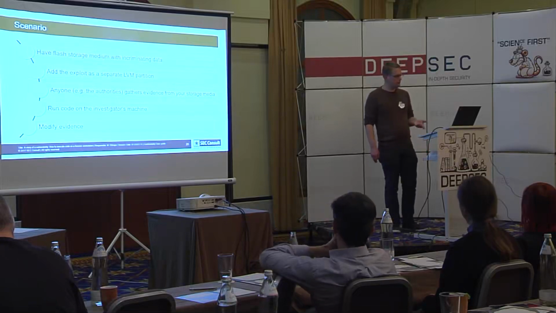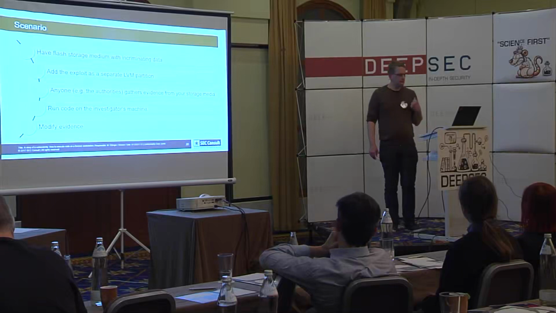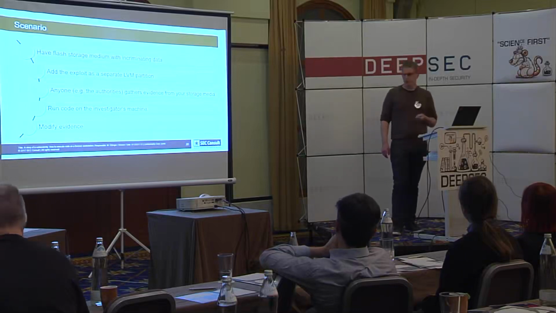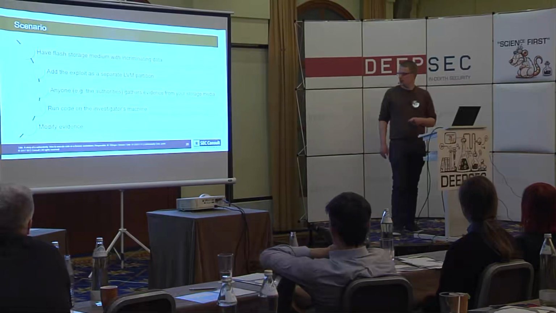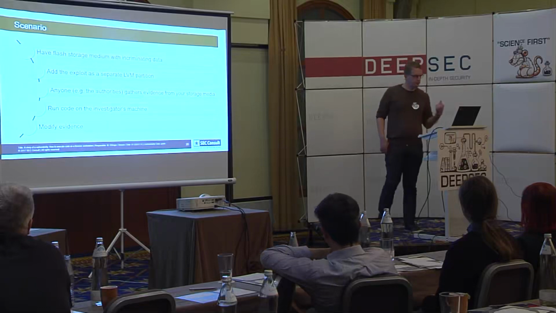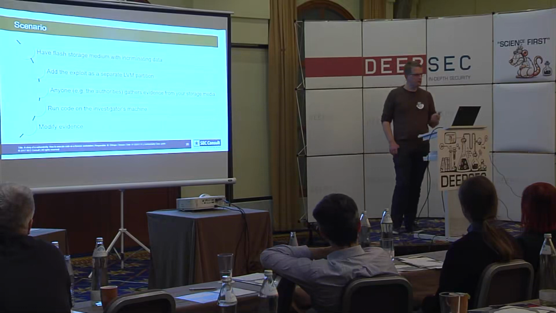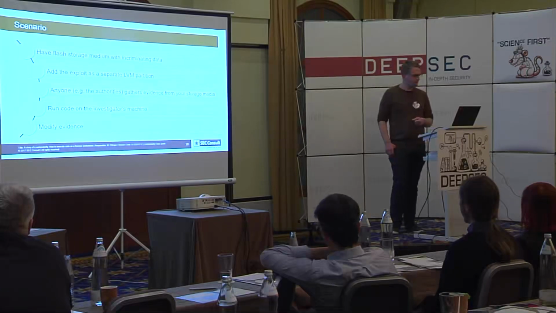If anyone would ever try to gather evidence from this flash drive, the exploit would execute in Encase Forensic Imager, and the code that was provided by the suspect has full control over the investigator's machine. And it could then, for example, modify evidence or open a reverse shell or anything.